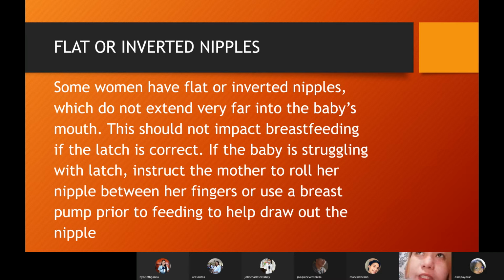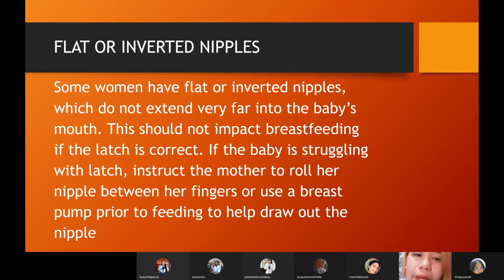Pero in fairness, there are some mothers na even if they have inverted nipples, no, they can create a way to have milk for their babies. So they use a pump. You know the breastfeeding pump.